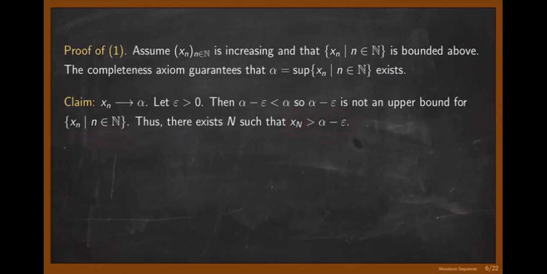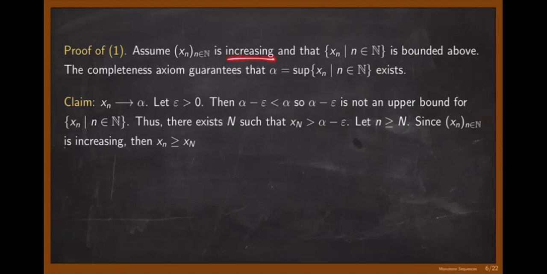Makikita niya. Let's see. So I will now take an index n bigger than or equal to capital N. Having assumed this, we will now show that the absolute value of x sub n minus alpha is less than epsilon. But as you can see, since the sequence is increasing, hindi pa natin nagagamit itong property na ito. Since the sequence is increasing, the bigger the index, the bigger the term.